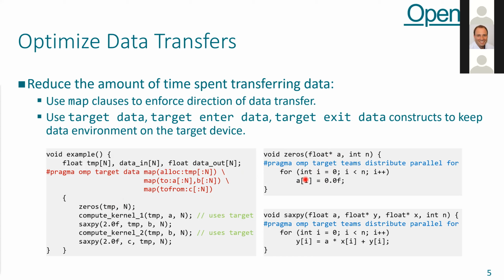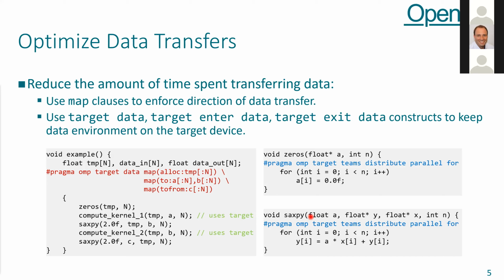And when we end the zeros kernel, there are no data transfers happening between the host and the GPU. The only thing where I kind of lied to you is the N here, which is obviously uploaded to the GPU so that the kernel knows how many elements to process.